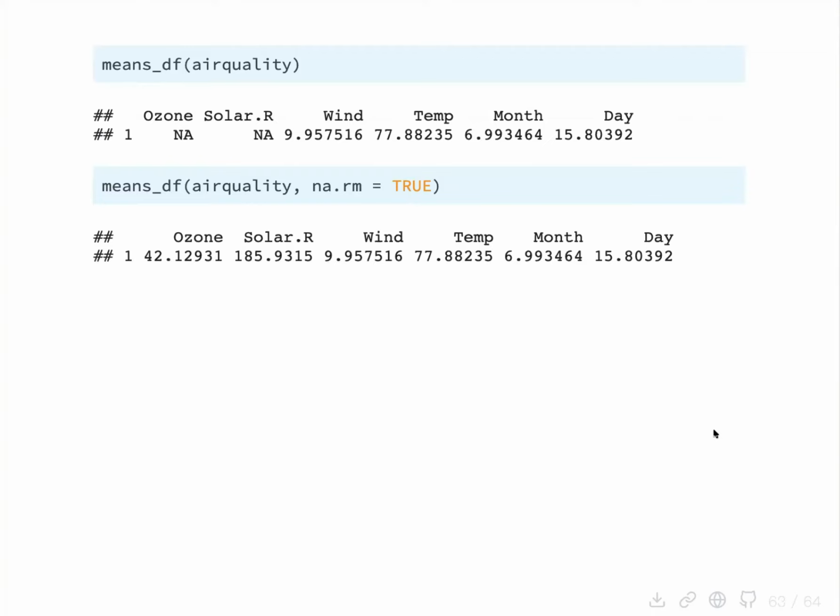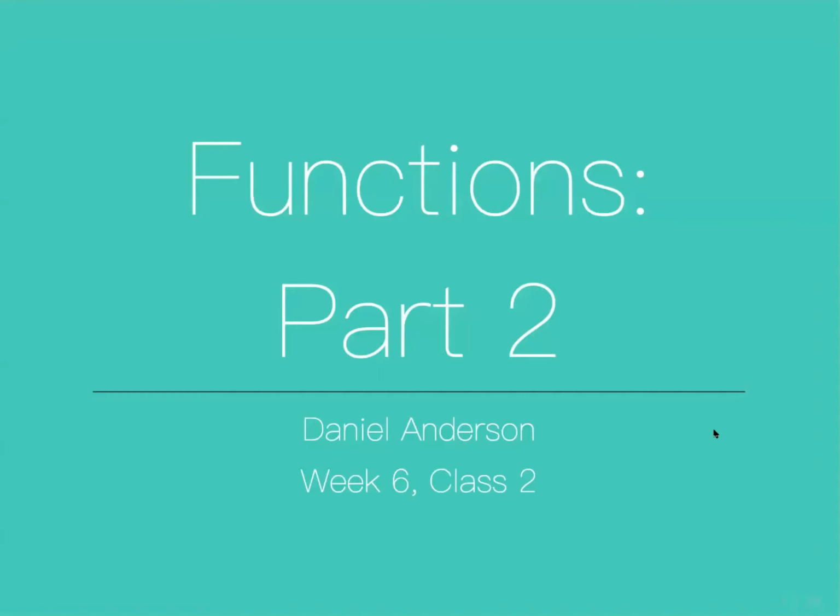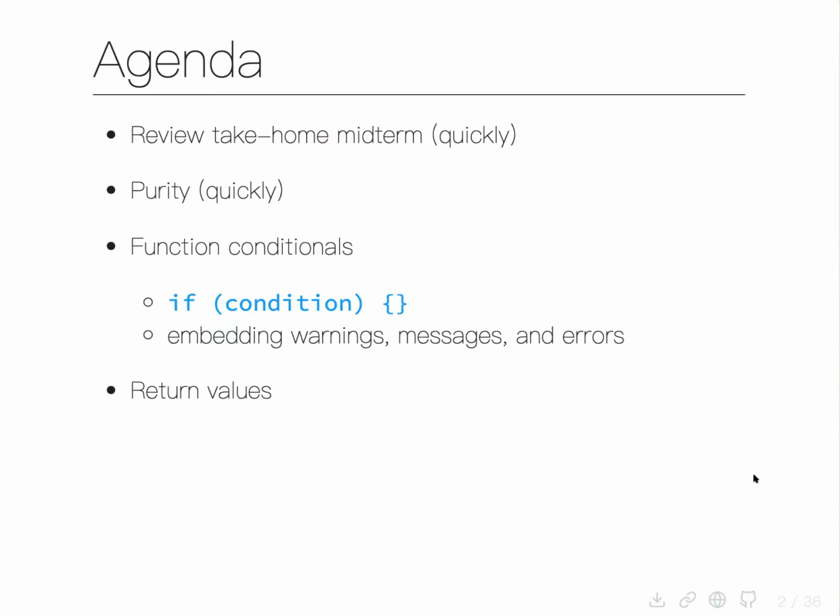Okay. So moving on today, we're going to continue to talk about functions. As I mentioned, I was hoping to review the midterm today, but instead we'll just do that on Monday. So that gives everybody a little bit more time to get that finished up, and then we can hopefully have more of a discussion as a class on it. So then from here, we're going to talk about purity fairly quickly. I don't think it's the most important topic for most of the stuff that we do, but it is important, sort of.